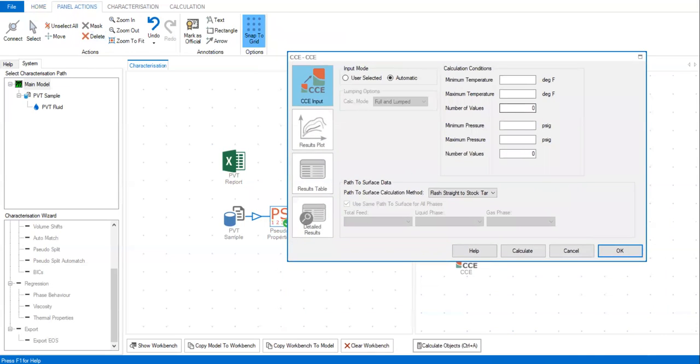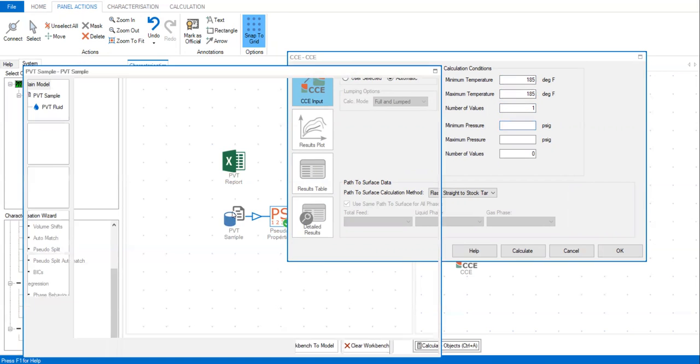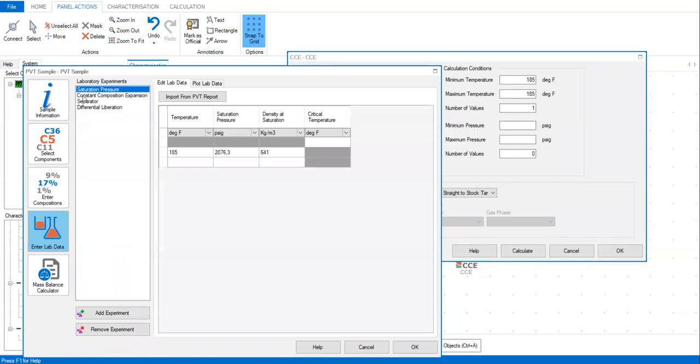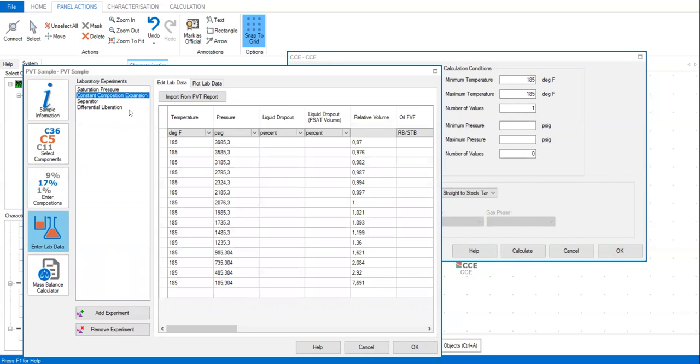Double click. Okay, and then let's input the temperature, minimum to maximum, just one value of temperature, thus number of values only one. But for the pressure, maybe we can go to the PVT sample first, enter lab data, and let's check constant composition expansion.